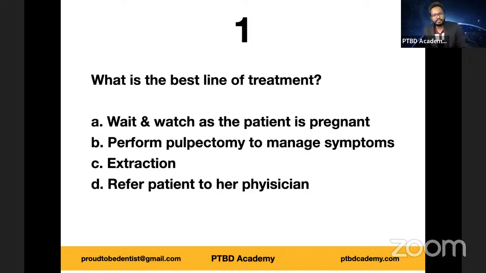So in fact, we have discussed these treatment aspects, like what kind of treatments can be given in specific trimesters. So we'll try to go through that in brief. First of all, we'll talk about treatment recommendations in second trimester. We can go with oral hygiene instruction and plaque control.